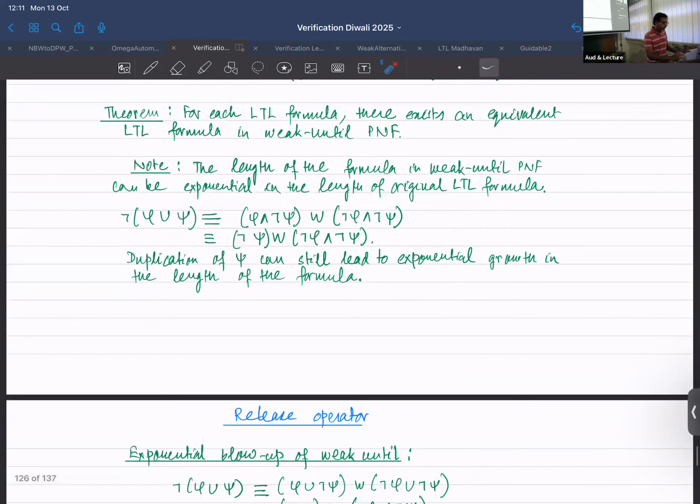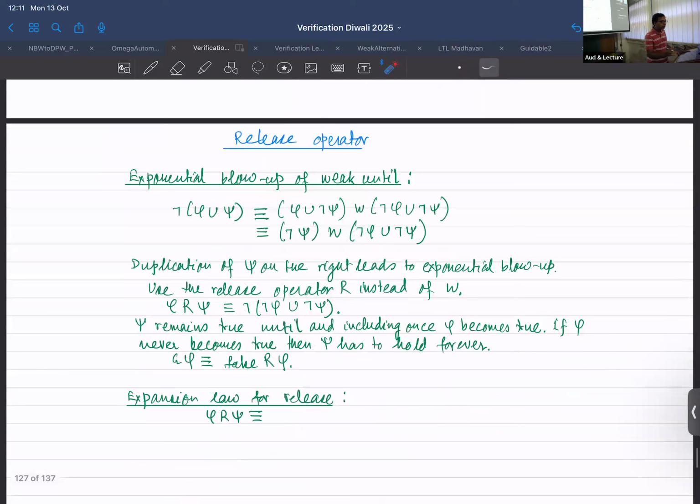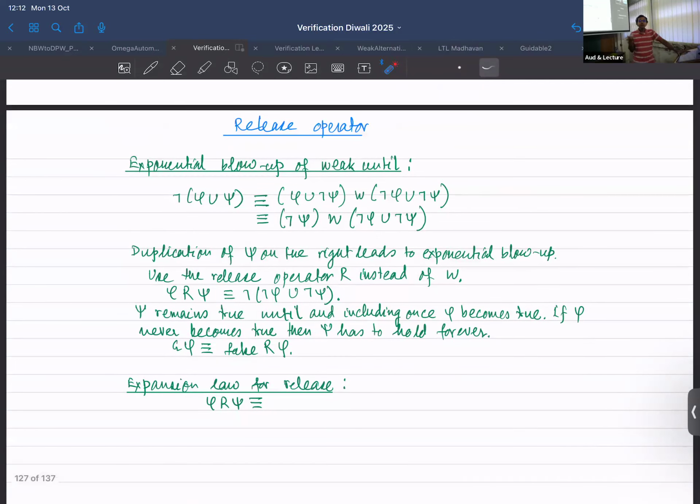Now, in order to cope with this exponential blow up when you're translating from an LTL formula to this positive normal form, we can introduce another operator, which will not lead to this exponential blow up.